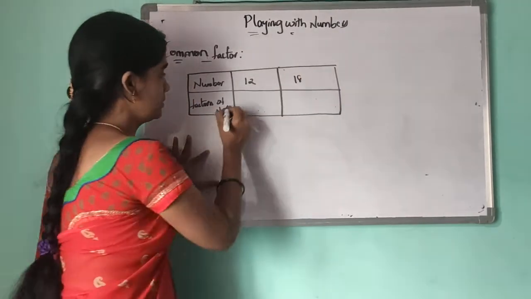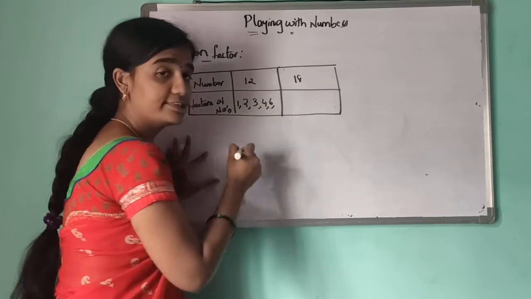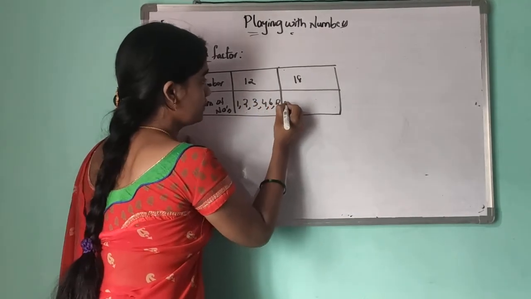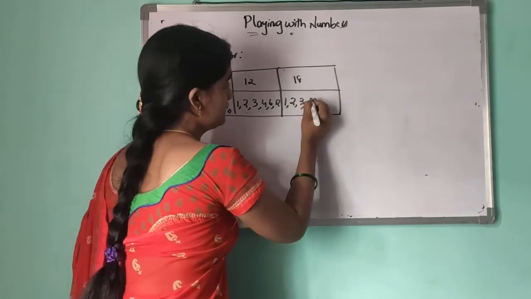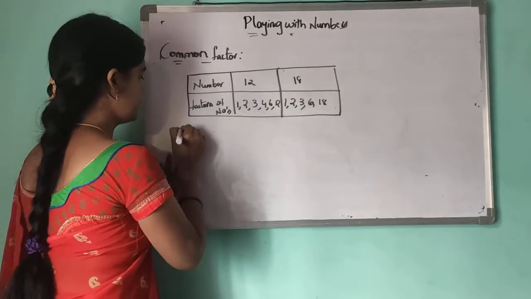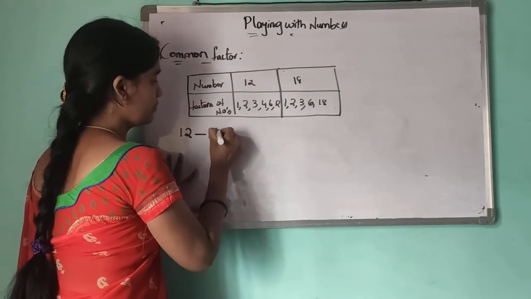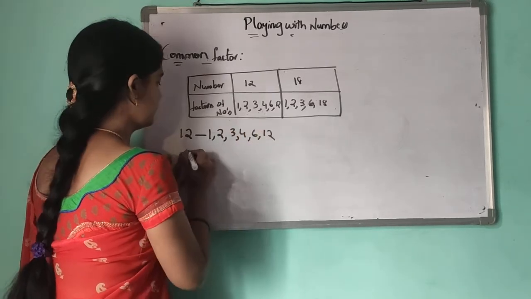The factors of 12 are 1, 2, 3, 4, 6, 12.